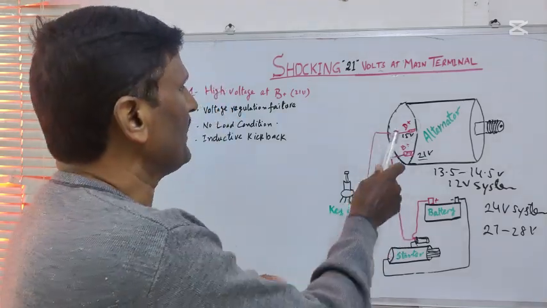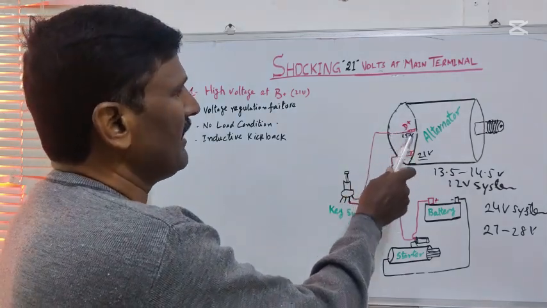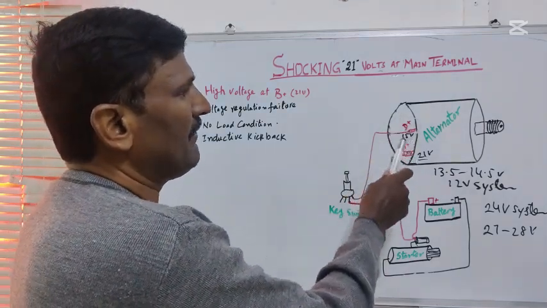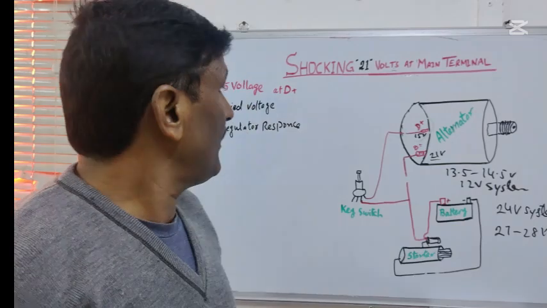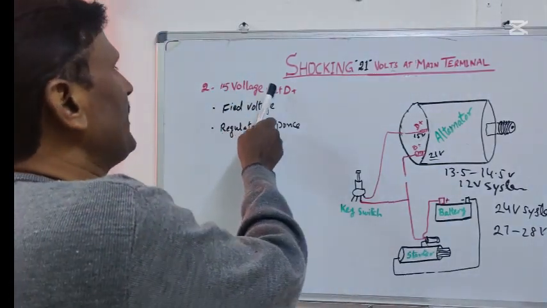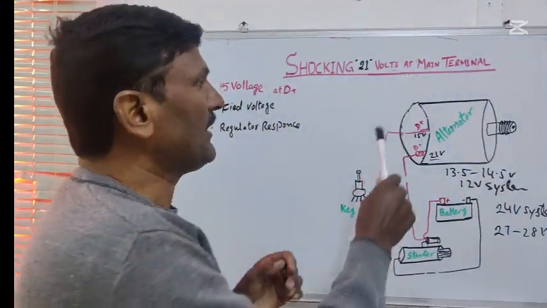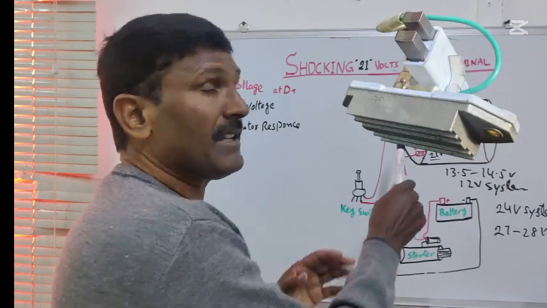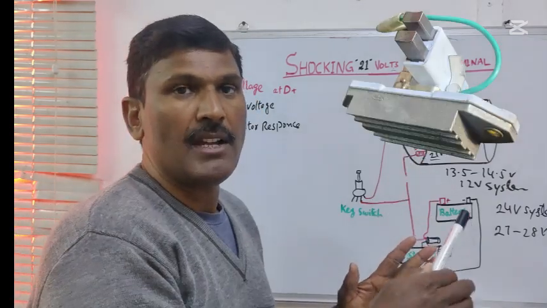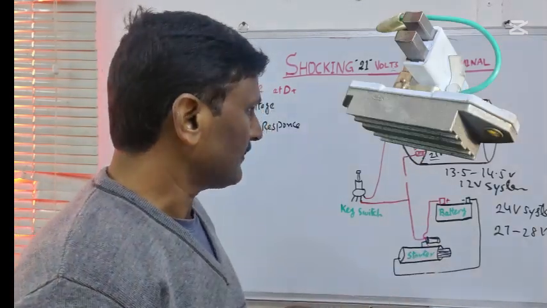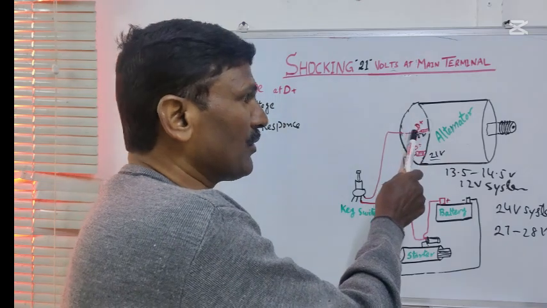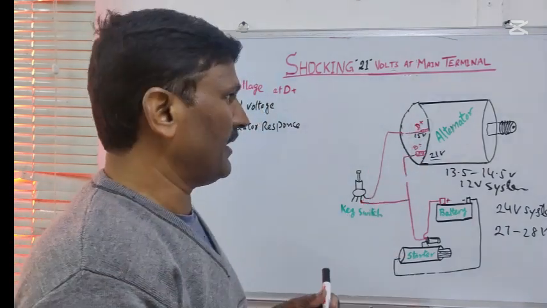Now we will talk about D plus. Why did I get 15 volts here? As we know, D plus is typically connected to the voltage regulator, and it is used to sense the charge voltage.